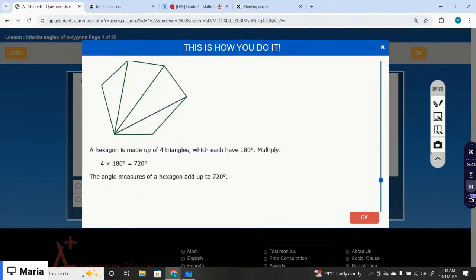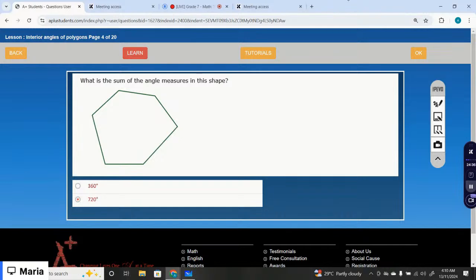Okay, triangles from this point, so you can make one, two, three, four triangles. So that means you have to do 180 times 4, that is 720. The correct option is 720 degrees.